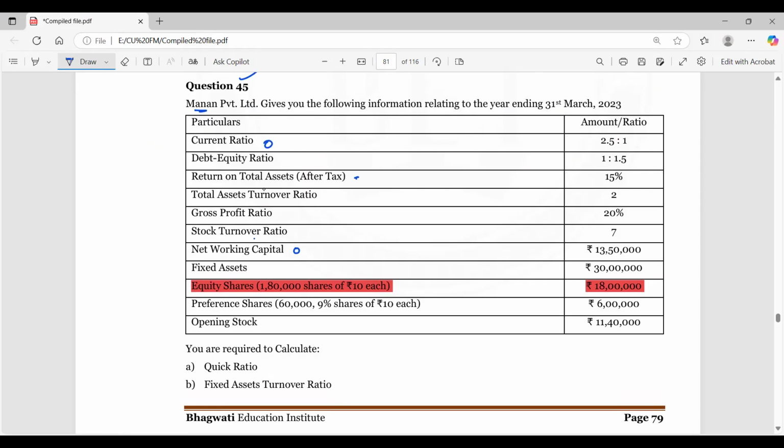Calculate current asset and current liability. Listen, the requirement is to calculate only ratio. You don't need to prepare balance sheet.